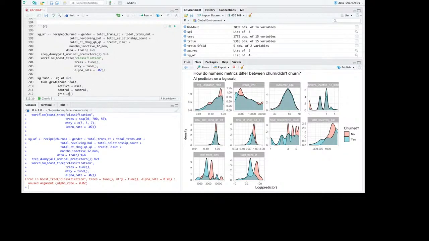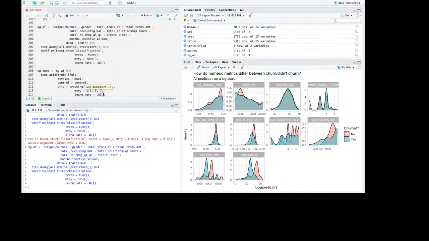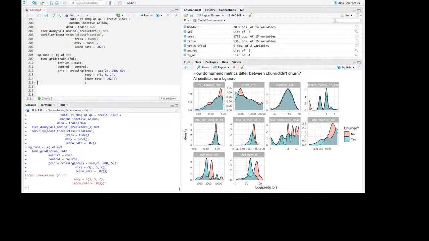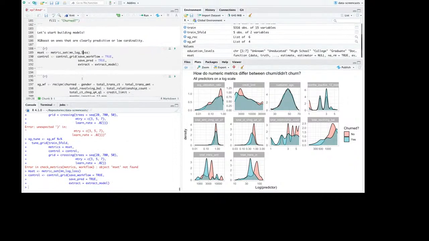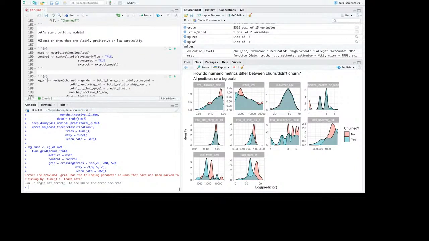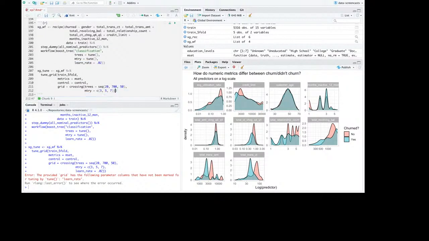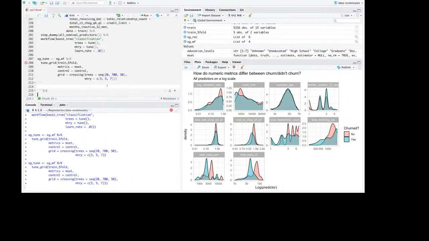But here's where I do crossing. Oh, I do not need a learn rate because I'm not training with it. There we go, training our first model.